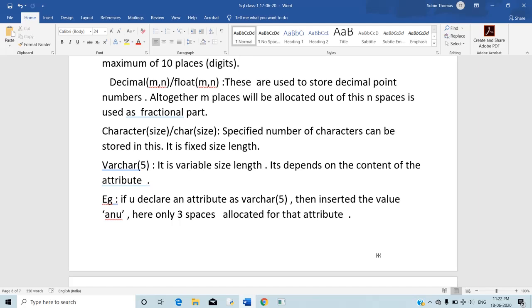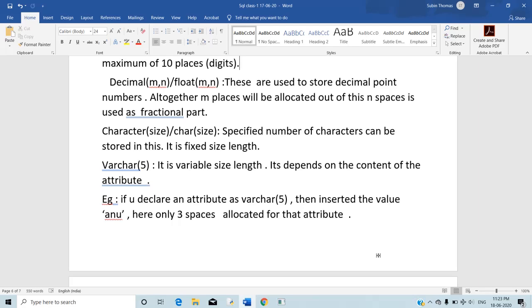In the next class we can study the different types of queries used in MySQL, which we already studied in the 11th standard. The same topic is coming in the 12th standard also. We studied that there are 4 different categories of commands in MySQL: DDL commands, DML commands, TCL commands and DCL commands.